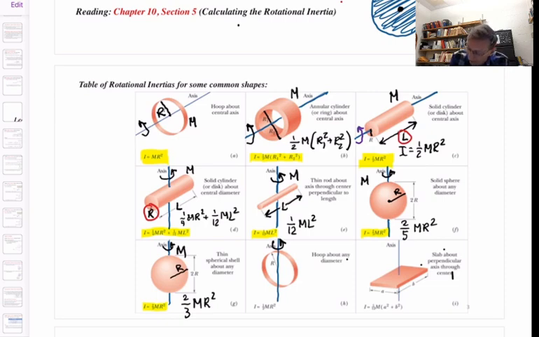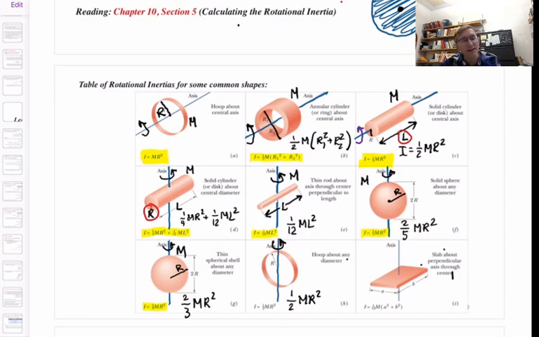And now the rotational inertia is 1/2 mr squared. Not the same as part A, even though it's the same shape. Thin hoop, mass m, radius r, but a different axis to rotate it about. In part A, rotational inertia was just mr squared. In part H, where the axis is along a diameter, it's half that.